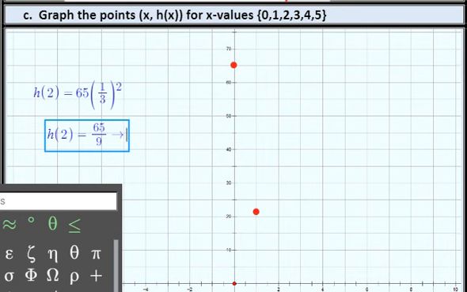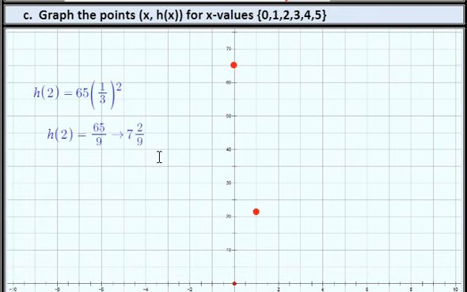Actually, 7, and 65 minus 63 is 2, so that leaves 2 over 9. In all honesty, I'm lucky to be able to find a good plot for the 7, so that 2 over 9 is not going to change my life much, because 7 is somewhere between 5 and 10, so it's a little closer to 5. So there's where our second point is.